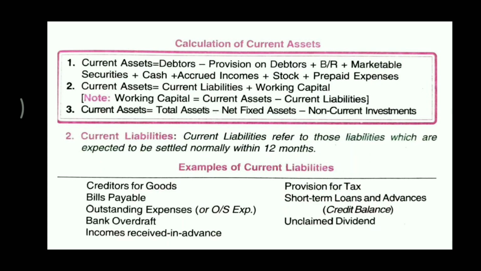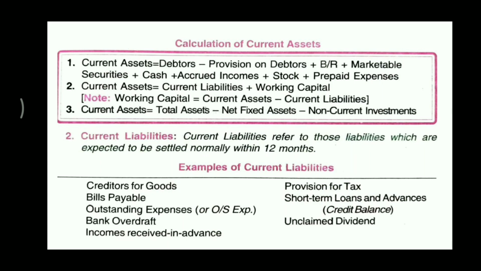One more formula is current asset is equal to total assets minus net fixed assets minus non-current investment. So how are we getting this formula? From balance sheet, what are we able to know? From asset side, how are we getting the total assets? So actually total assets is equal to total fixed assets plus non-current investment plus current assets.